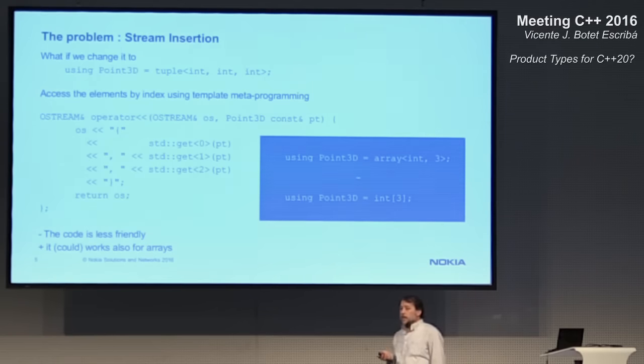It is, I will say, less friendly, but it is a little bit more generic. It is working now also for std::pair or C++ arrays. Or it could work for other classes if we define the tuple-like interface for them.